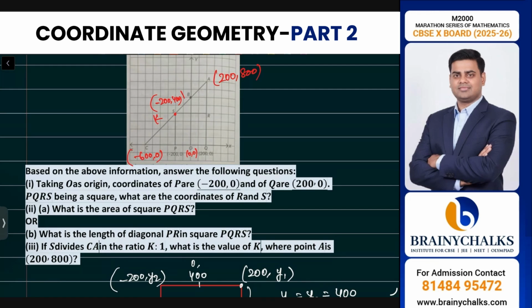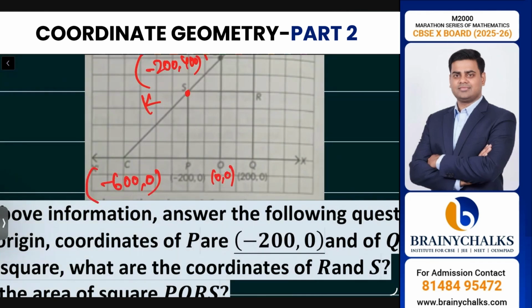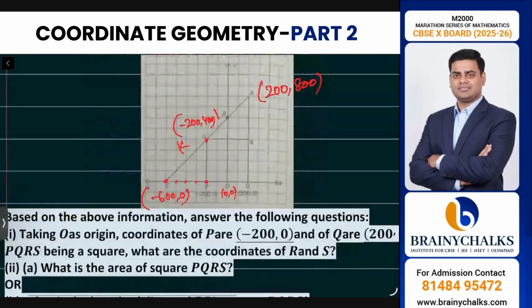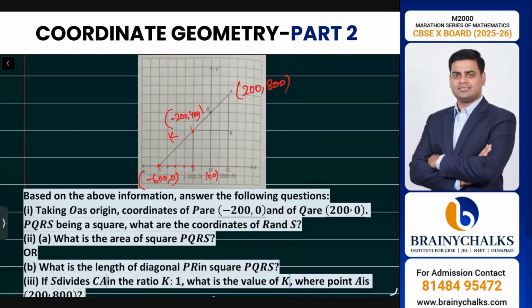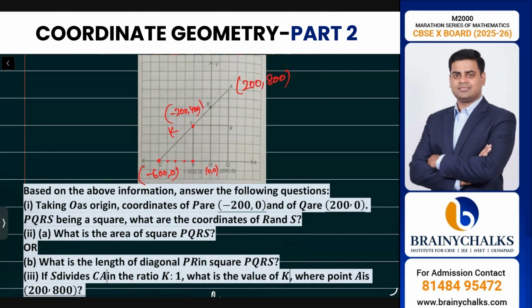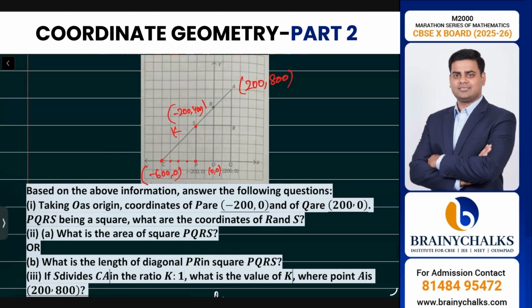Understood? By using this box, if this is 200, then 300, 400, 500, 600. So -600, 0. Sometimes you have to use the graph also. So k is to 1 ratio: k into 200 plus -600, divided by k plus 1, equals -200.